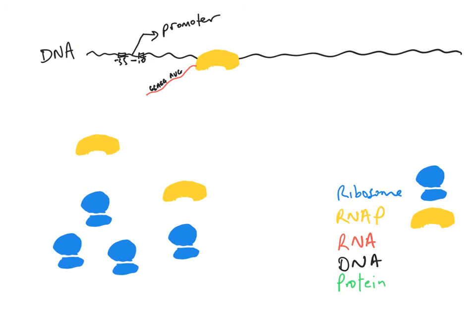And those sequences which allow translation to start, so remember our ribosome binding site, which is our GGAGG, and our start codon, which is probably AUG, these will appear, and they'll be free in the cytoplasm to now interact with the ribosome and for translation to start.